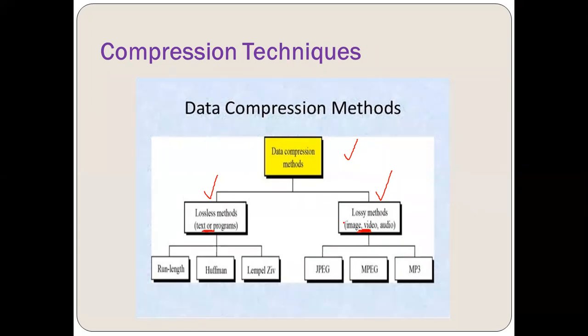Wherever we want high resolution or better quality images, we are not going to use the lossy methods. We will go with lossless methods so that the quality of the image does not reduce that much.